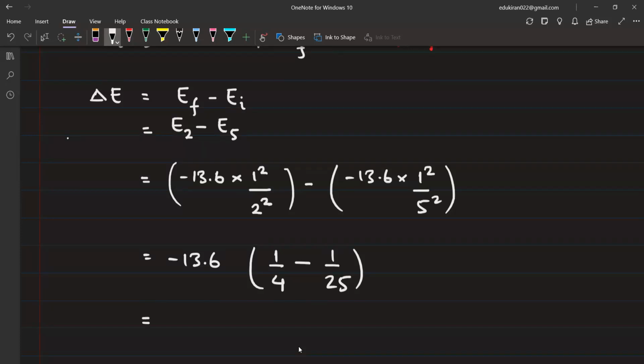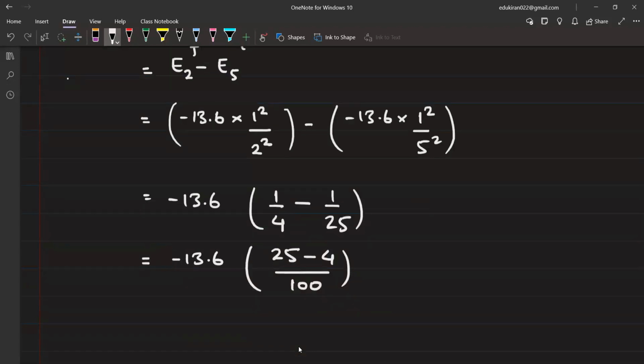Now this is just a fraction: 25 minus 4 divided by 25 times 4, which is 100. So this will be equal to minus 13.6 multiplied by 25 minus 4.